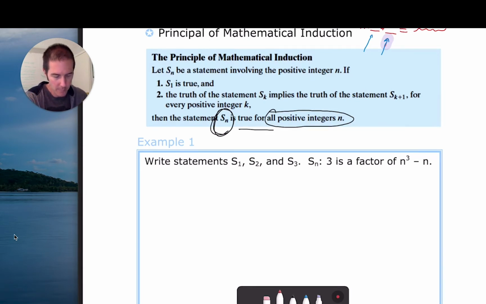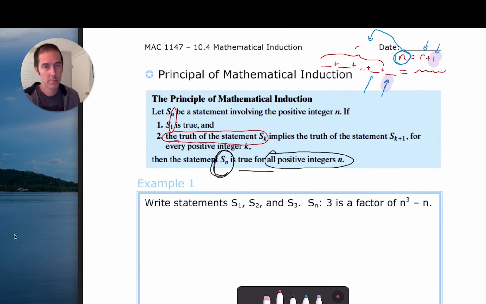Here in the top left under the P in principle, first I have to show or demonstrate that the statement is true when n equals 1. And then I'm going to make an assumption. I'm going to assume that the statement is true when n equals k, like n equals r, or r plus 1 up there.